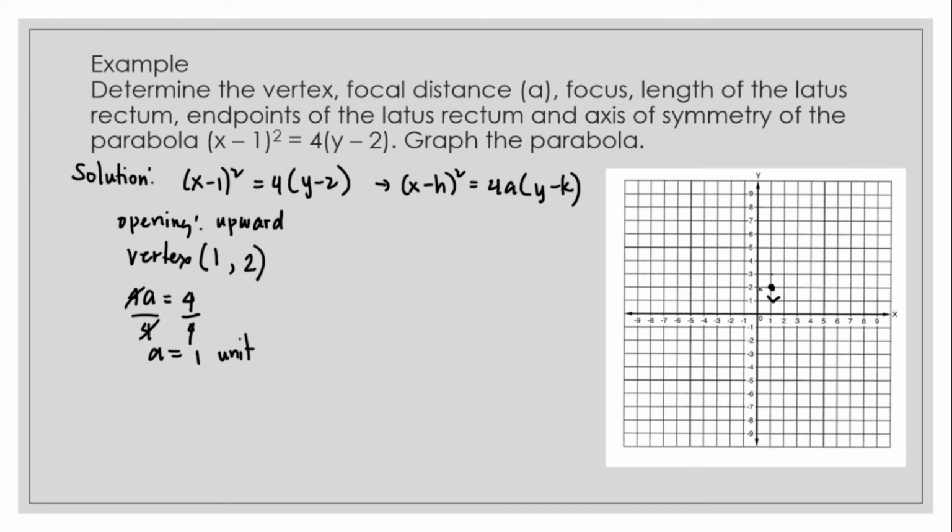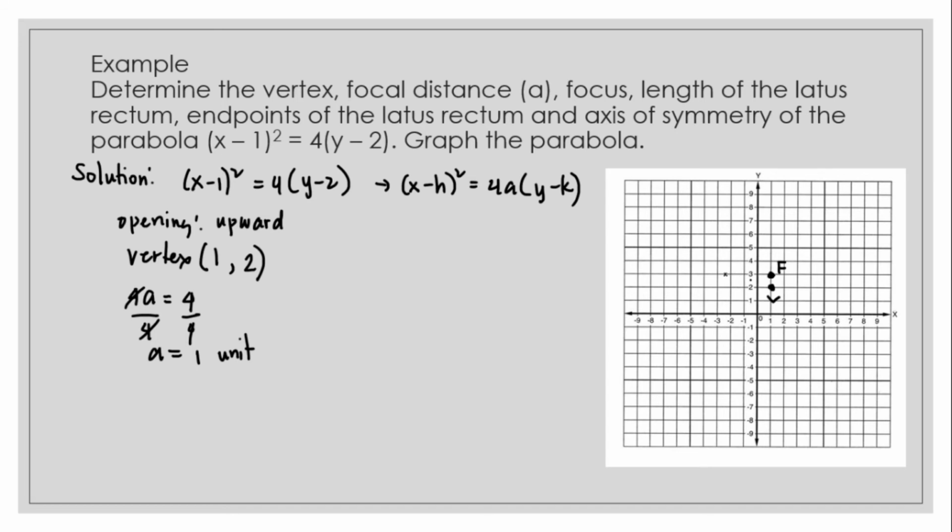Sa kanan o sa kaliwa? Of course, sa taas. Kasi nga, ang opening natin ay upward. So, our graph opens upward. So, magka-count tayo ng how many unit from the vertex? 1. So, 1. Ito siya. Yan. So, this is your focus.